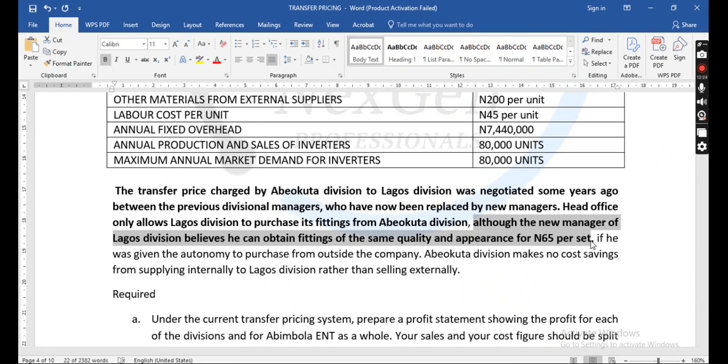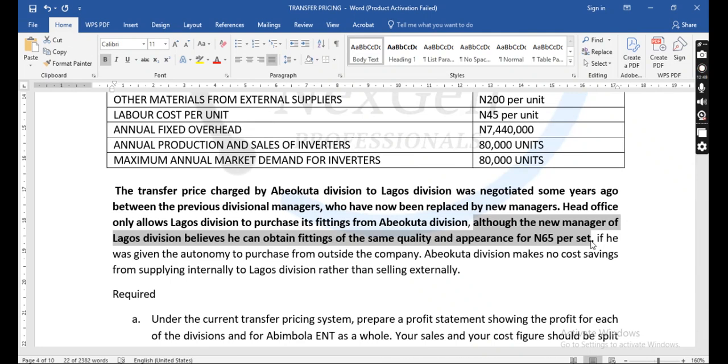That 80 units that Lagos was supposed to buy internally can go outside and be bought at 65 naira per unit.